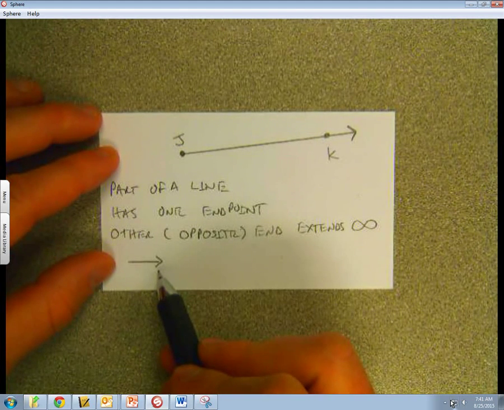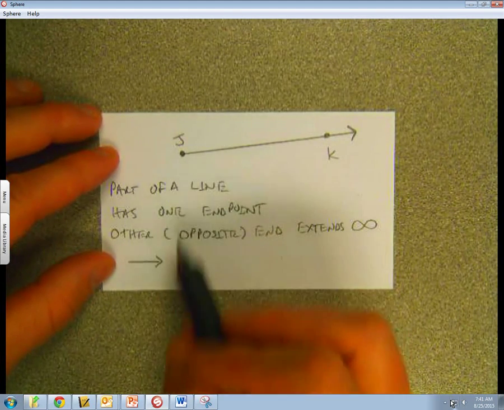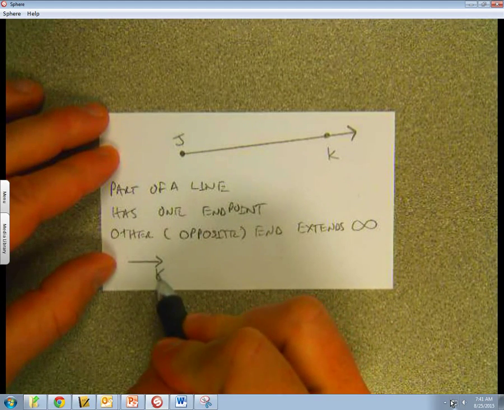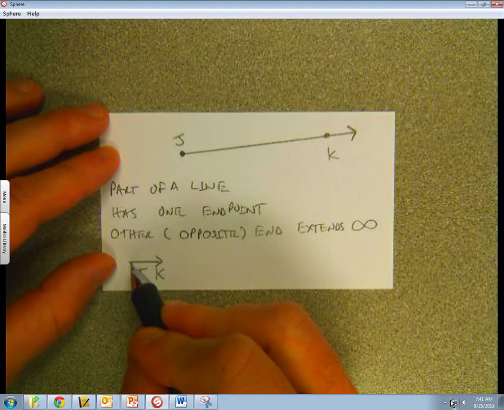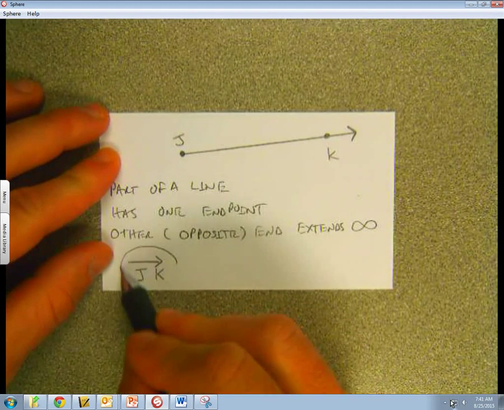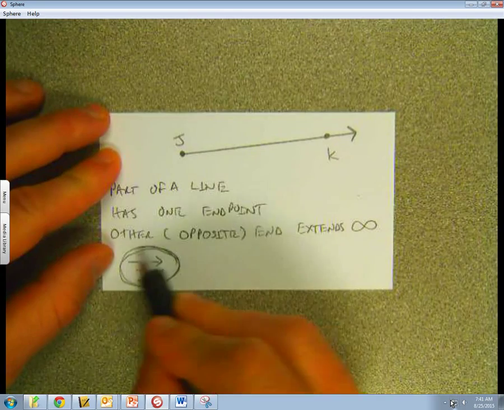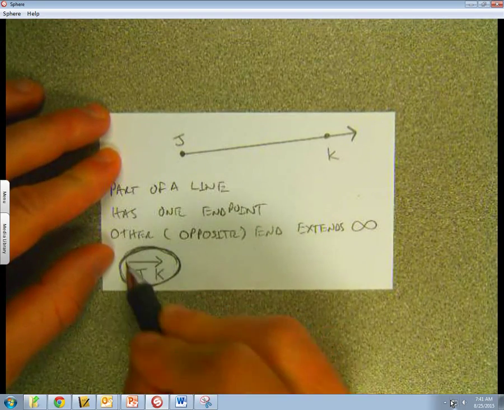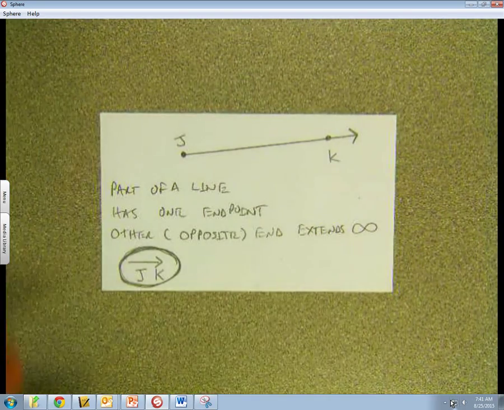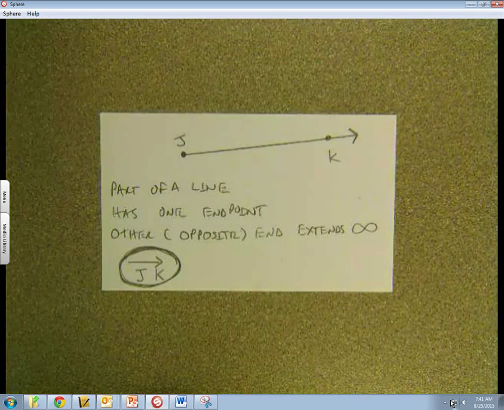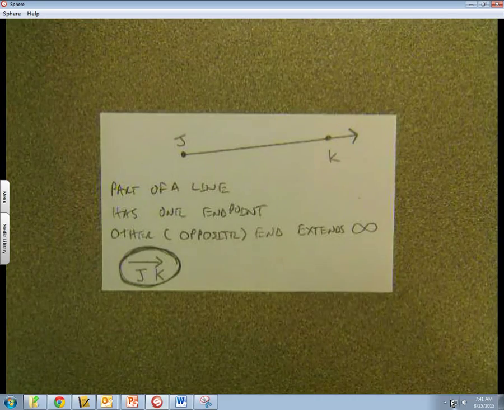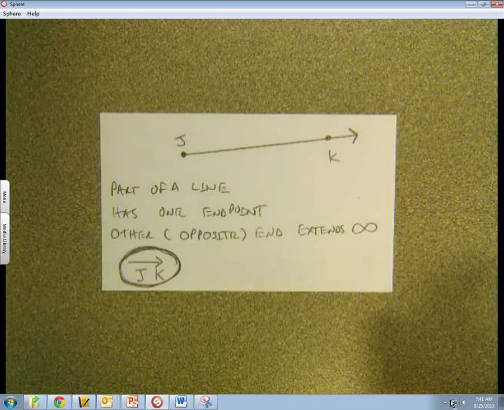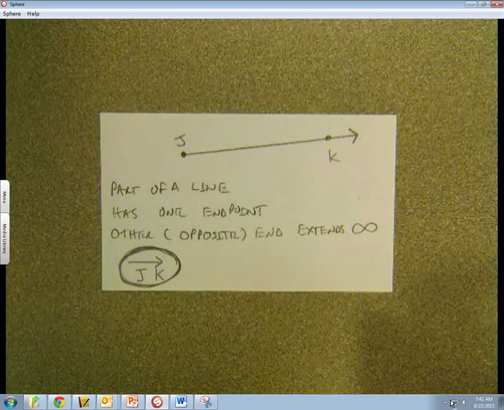It goes through point K forever, and it starts at J. Okay, so this one's a little bit different, and this will be on assessments, and we'll be working with this. It's one of those things that's straightforward enough, you just got to know. And that's why we do these note cards. Just some things in math, boom, you just got to know, and then you can move on. Okay, so that is a ray.